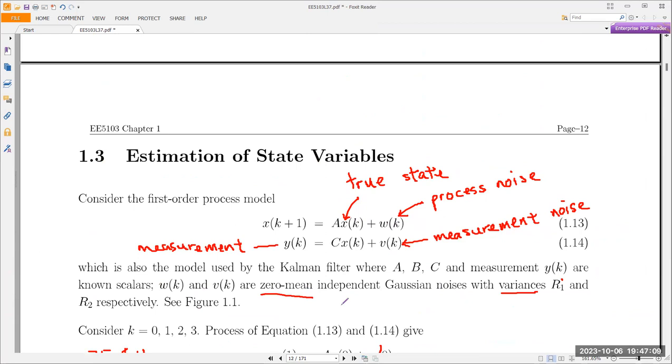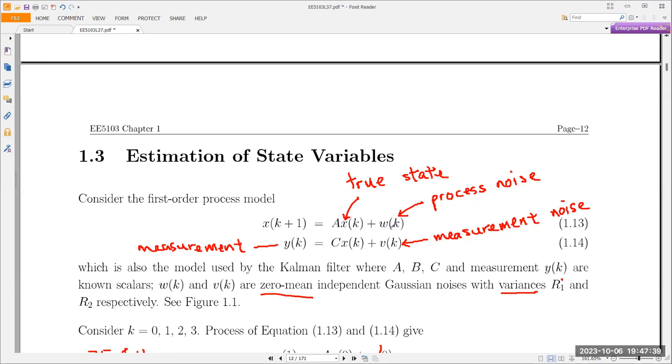So if I ask you what you think is your temperature today, you have the temperature yesterday, and on the average the noise is 0. So if A is 1, then I just take today's temperature to be the same as yesterday's temperature. If A is 0.5, then today's temperature is half of yesterday's temperature. So it just depends on the model.